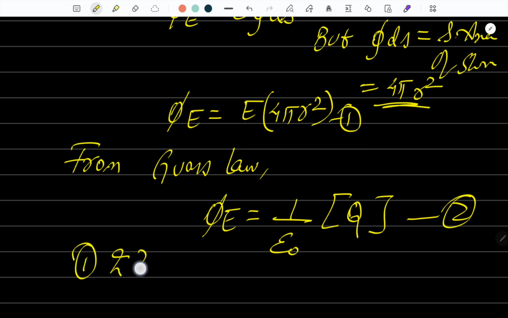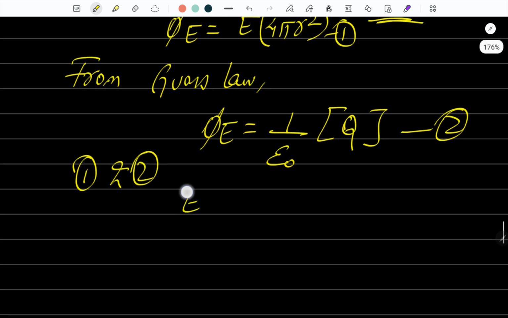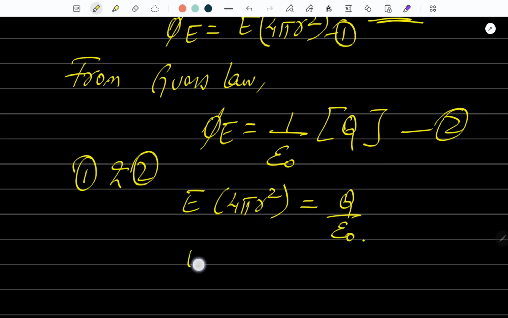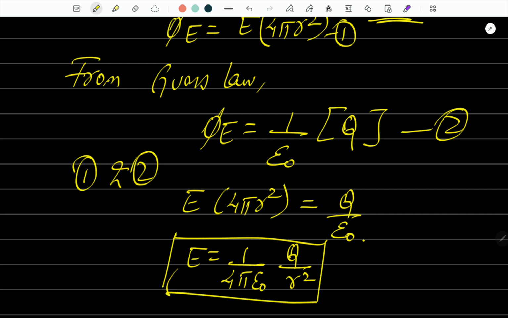From 1 and 2, E into 4 pi r square is equal to capital Q by epsilon naught. Rearranging, you will get E is equal to 1 by 4 pi epsilon naught times Q by small r the whole square. This is the equation for electric field at a point outside the shell.